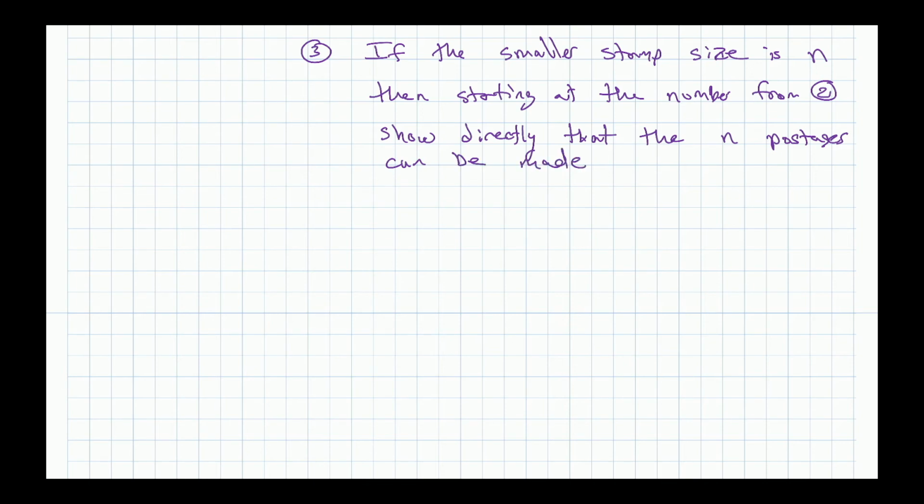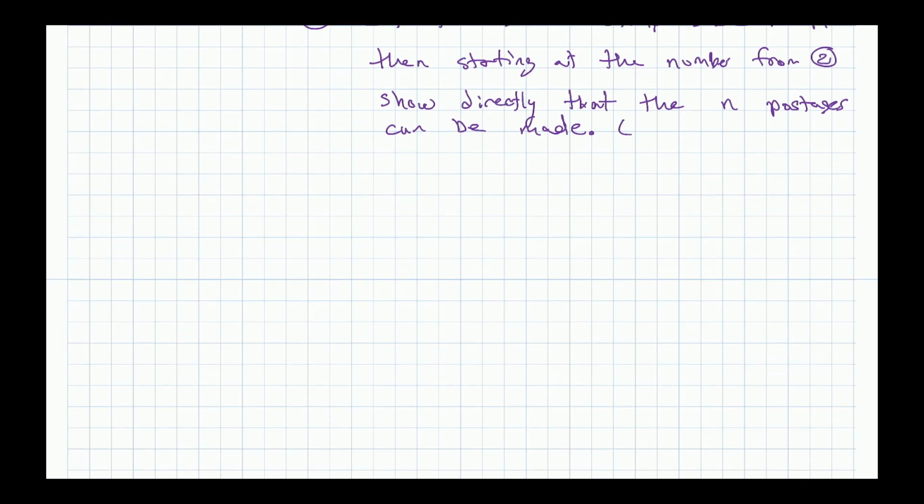And I'm not going to say that in more detail right now. Just see the examples, right? For our example, right? So we know it's 8 or more, and the small stamp is 3.